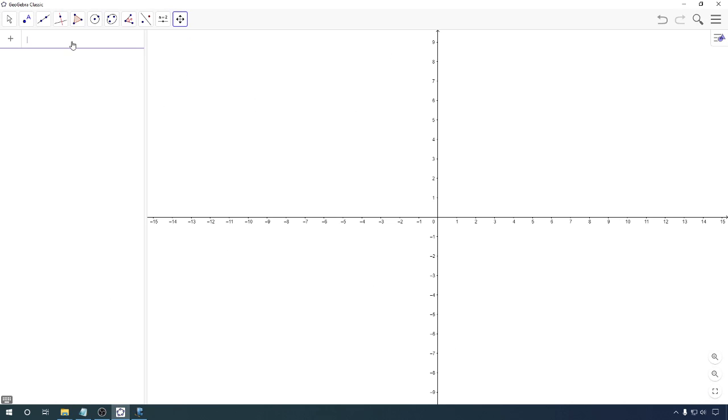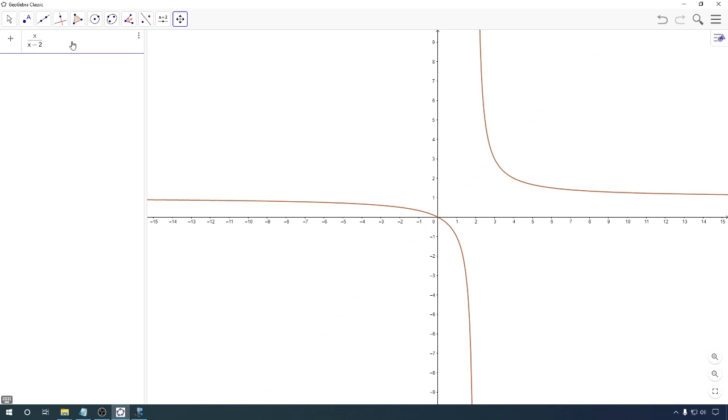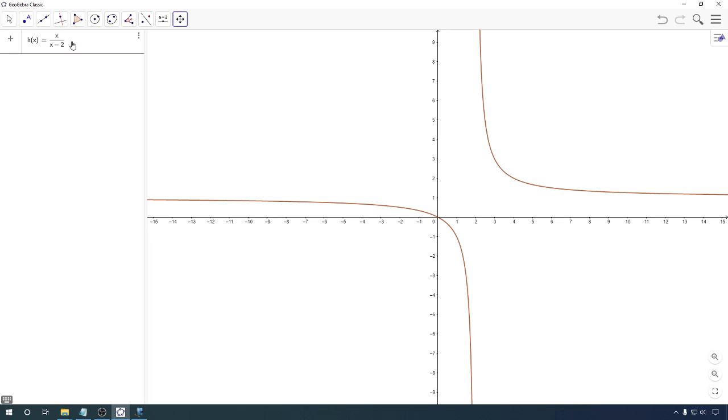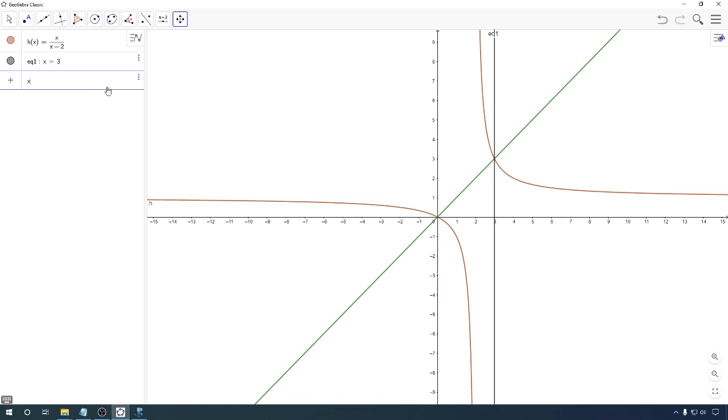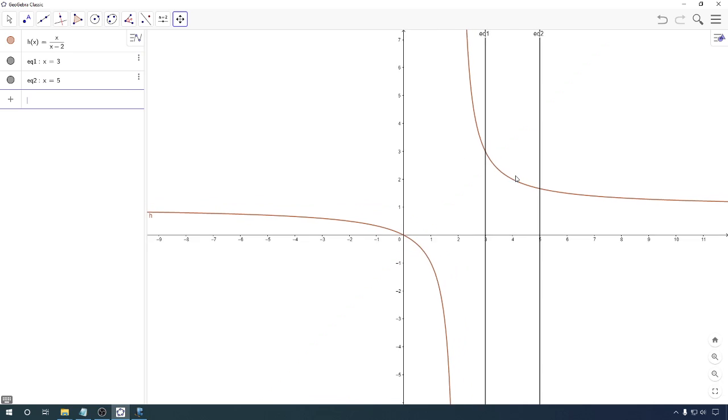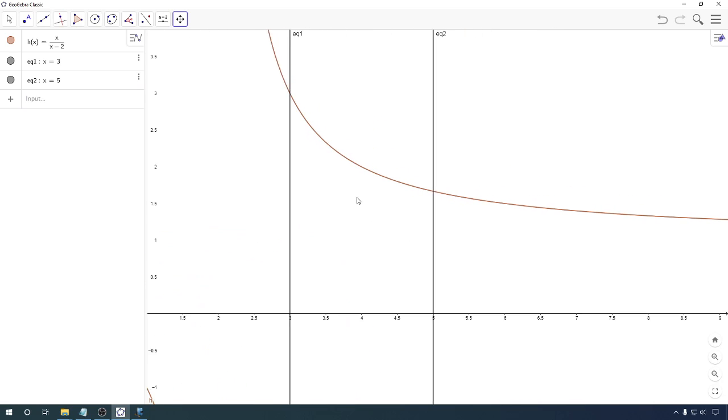I'm going to go ahead and graph this one as well. I'm going to have to use x's here, because if I just plugged in t, GeoGebra wouldn't know what to do with it. But we have h of x is equal to x over x minus 2. We have this curve here. Now keep in mind, we are specifically looking at between x equals 3 and x equals 5. We're only looking at this interval here, which means we're only focused on this part of our graph.